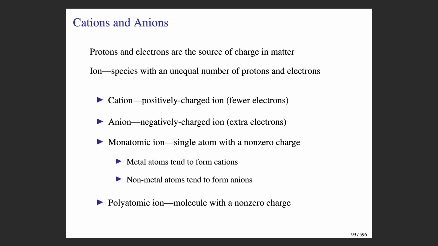Polyatomic ions are molecules that have an unequal number of protons and electrons, and so they're molecules that have a non-zero charge. In the next video on chemical nomenclature, we are going to learn how to name the different ions, and we're going to have a list of polyatomic ions that we have to memorize.